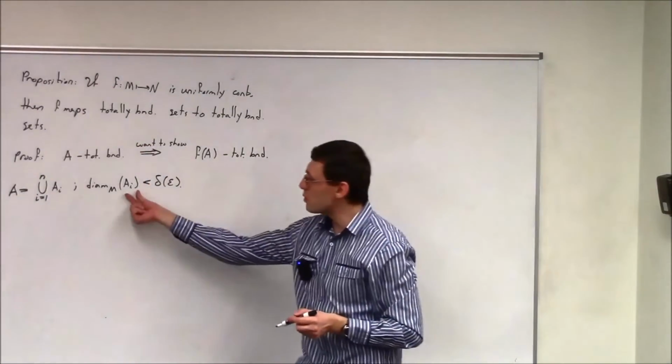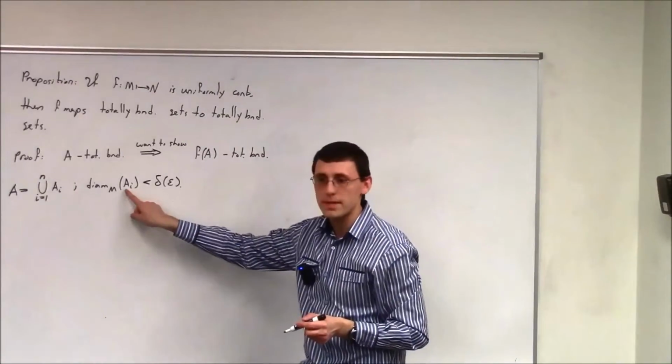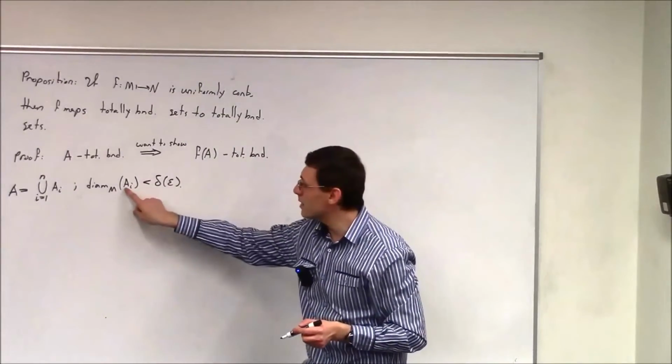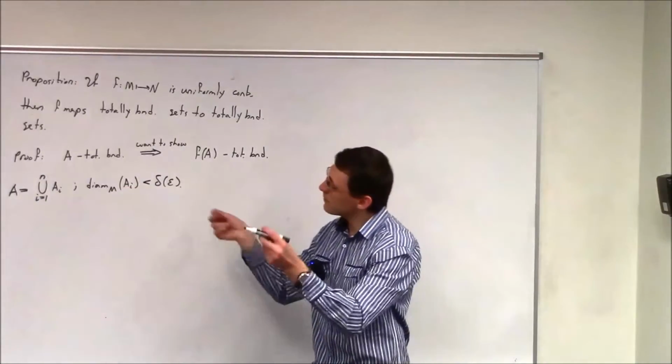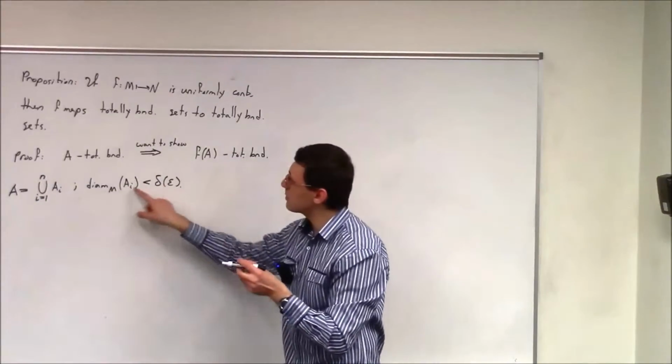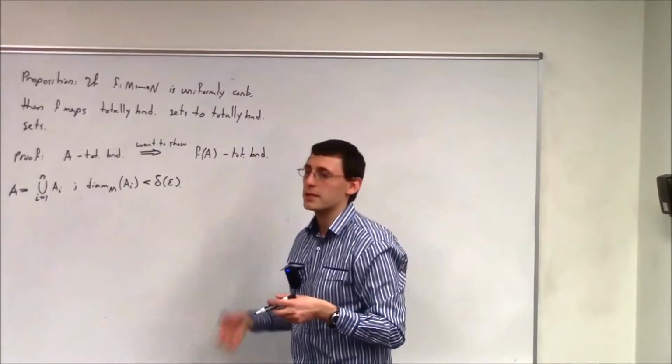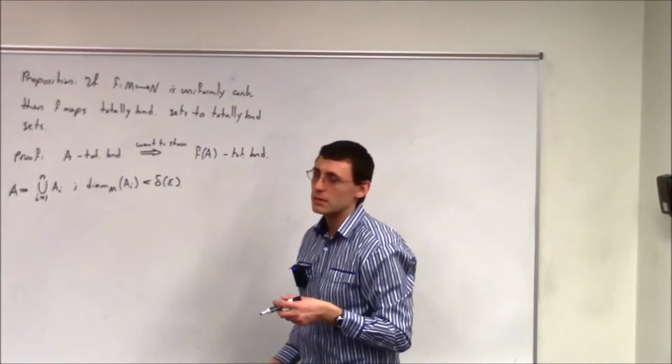So I'm going to tear it into small enough pieces so that for any x and any y in A sub i, their distance is less than delta. That will imply that the distance of f of x and f of y is less than epsilon.